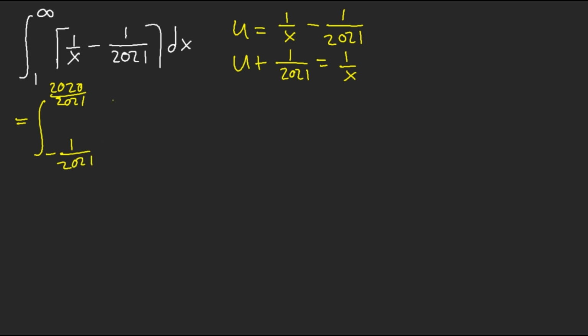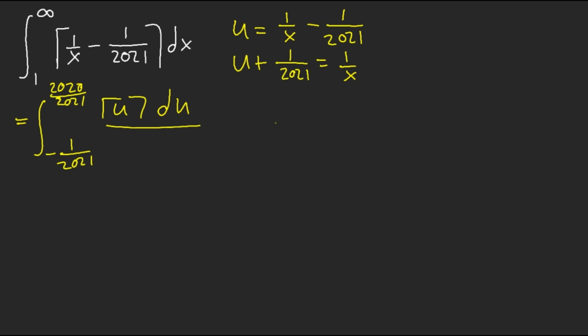And then plugging things in, we have du and then x squared, pretty much. However, what is our x squared? 1 over x, that's going to be x squared, I believe.